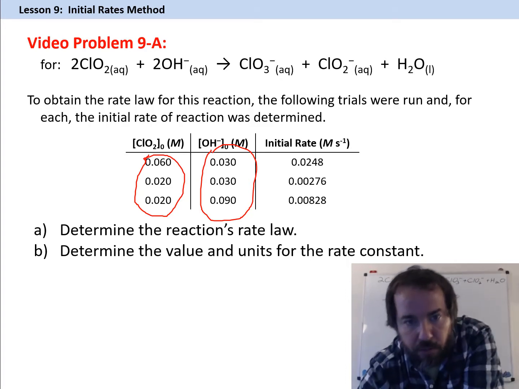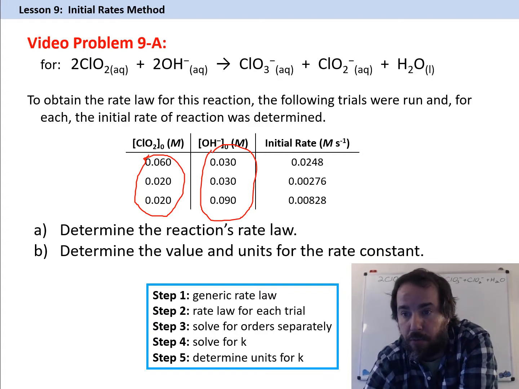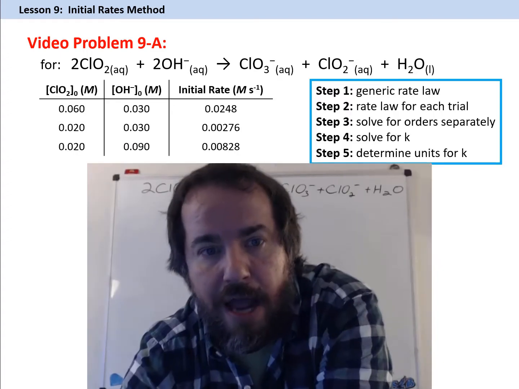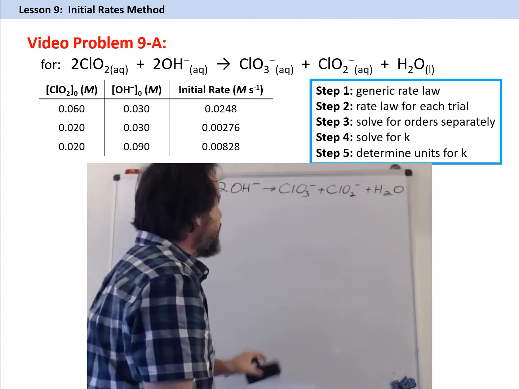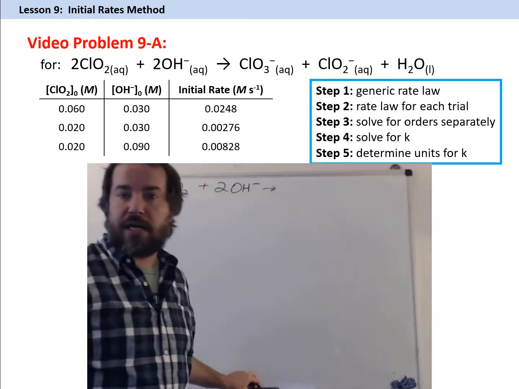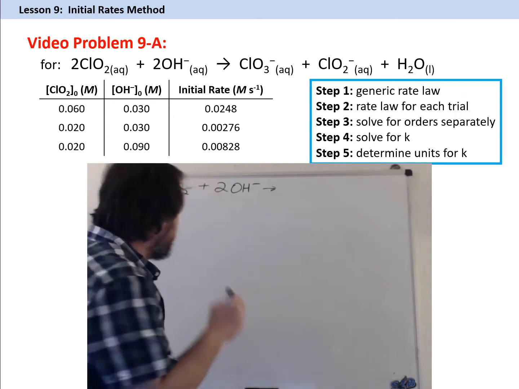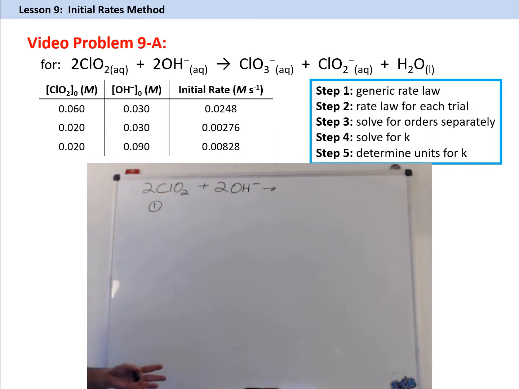All right, the initial rates method has these 5 steps, so we'll go through them together. The first thing we have to do is start off with our reaction. We only care about the reactants, so I don't even care about the products. Step 1 is to write out a generic rate law.